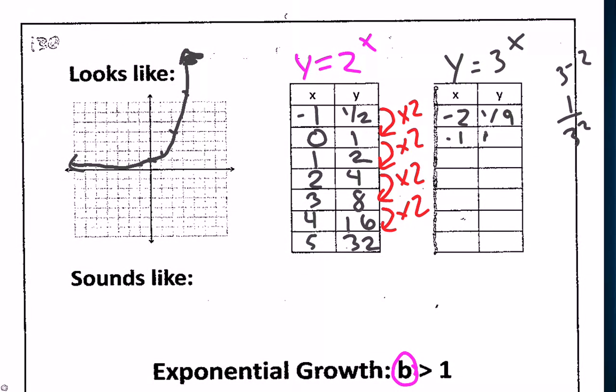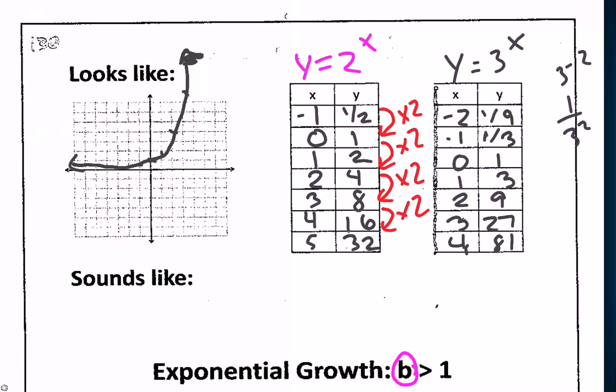Negative 1 would mean 1 over 3. Something to the 0 power is always 1. Raise 3 to the first power, and I get 3. If I square 3, I get 9. If I cube 3, I get 27. And if I raise it to the fourth power, I get 81.